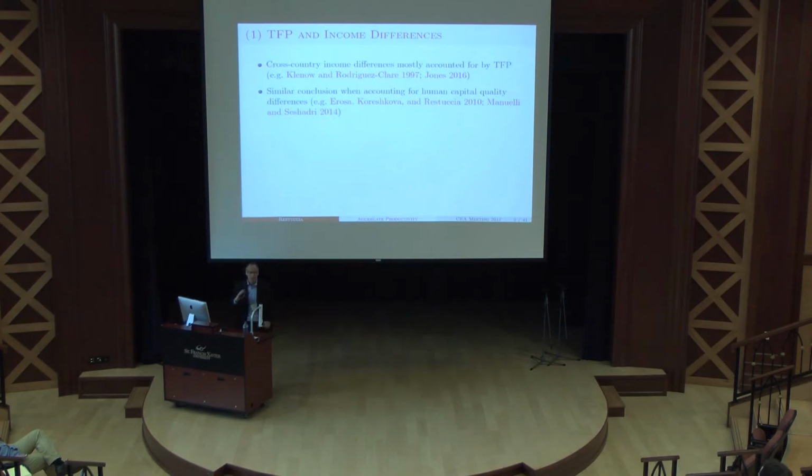So I should say that there's a lot of work that has been done in terms of extending the simple accounting by allowing for human capital. I'm not going to talk about that. And the main conclusion does not really change. The reason this happens is that human capital ends up accounting for a big chunk of the income differences, but you need to think about what the drivers of those human capital differences are.